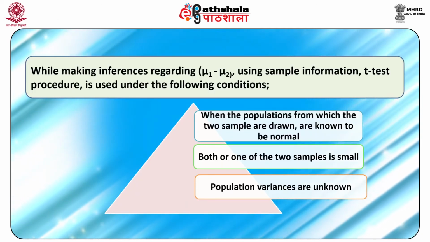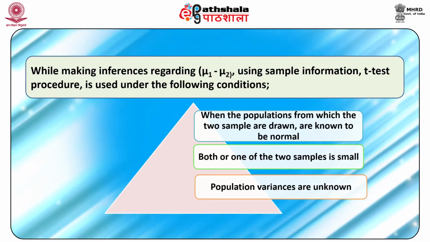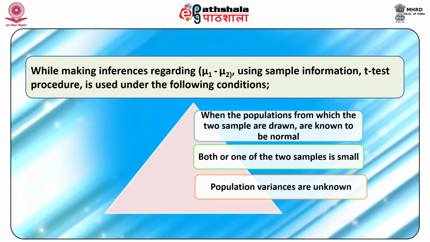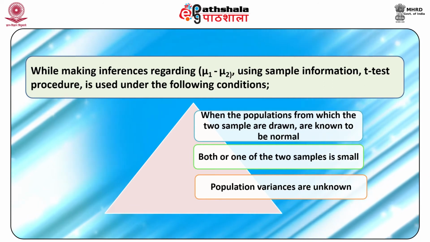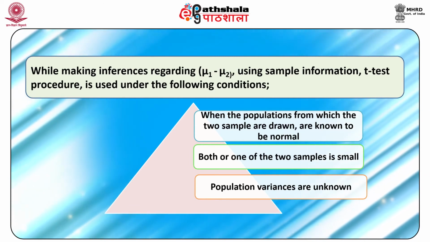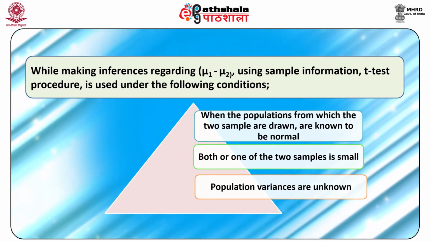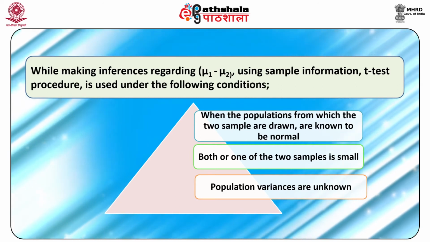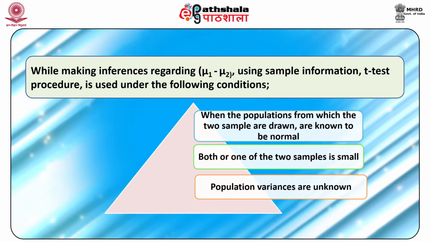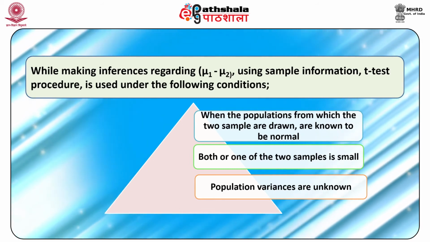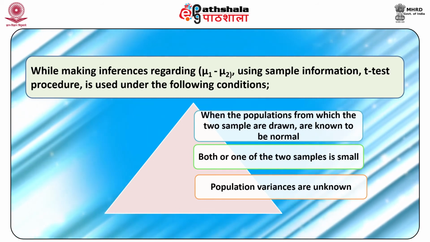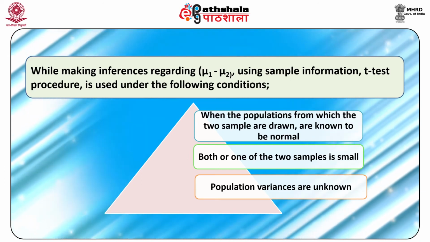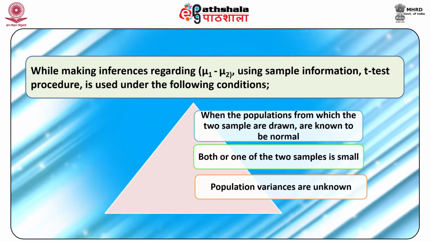While making inferences regarding mu1 minus mu2 using sample information, the t-test procedure is used under the following conditions. First, the populations from which the two samples are drawn are known to be normal, or both or one of the two samples is small, and third, the population variances are unknown.